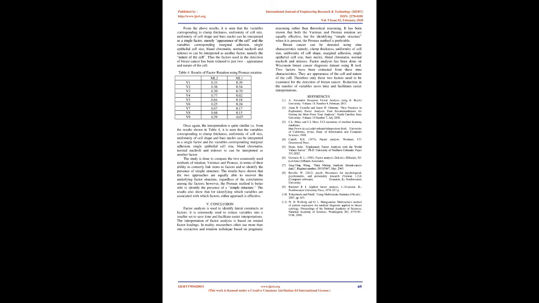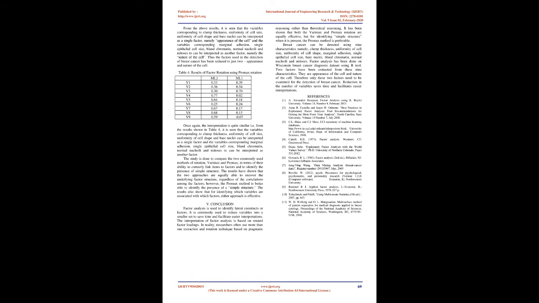From the above results, it is seen that the variables corresponding to clump thickness, uniformity of cell size, uniformity of cell shape and bare nuclei can be interpreted as a single factor, namely appearance of the cell, and the variables corresponding to marginal adhesion, single epithelial cell size, bland chromatin, normal nucleoli, and mitoses can be interpreted as another factor, namely the nature of the cell.